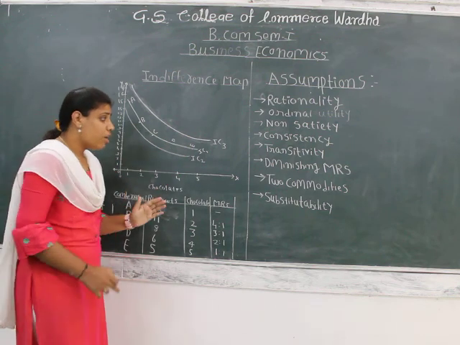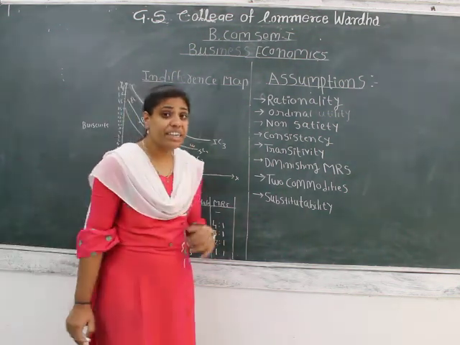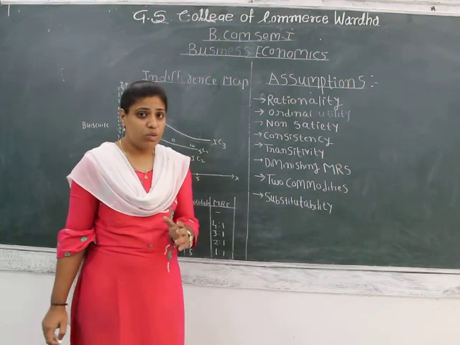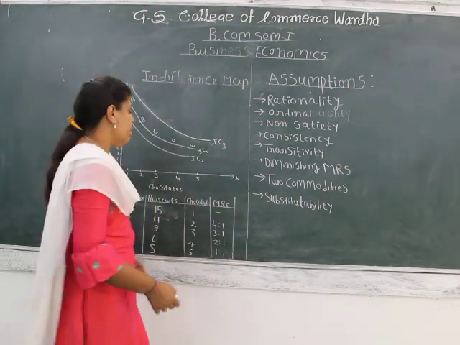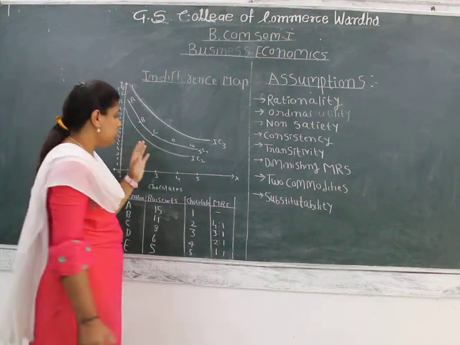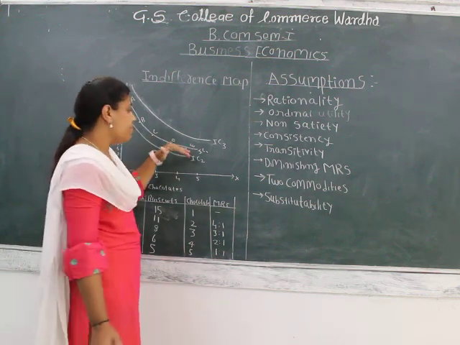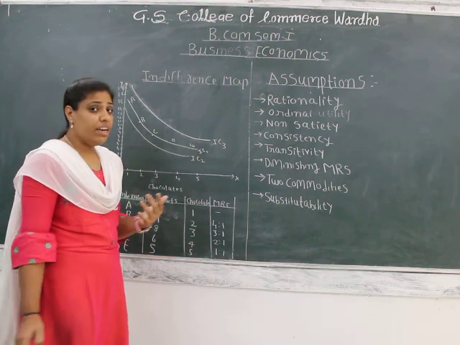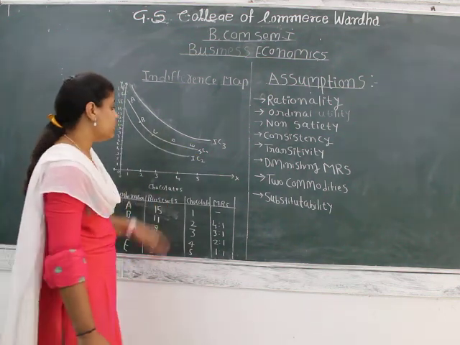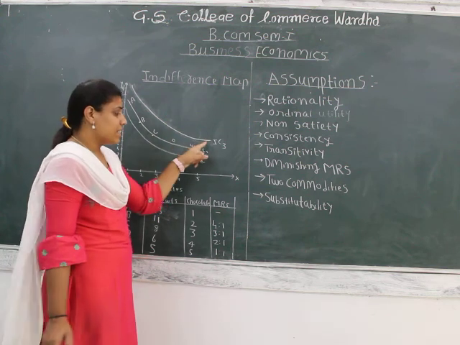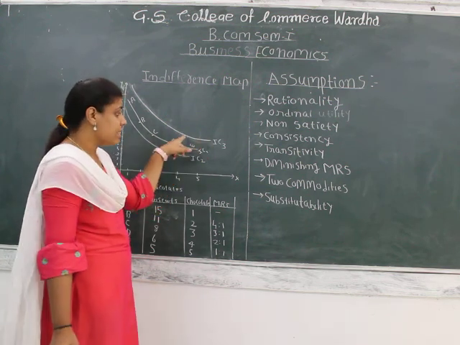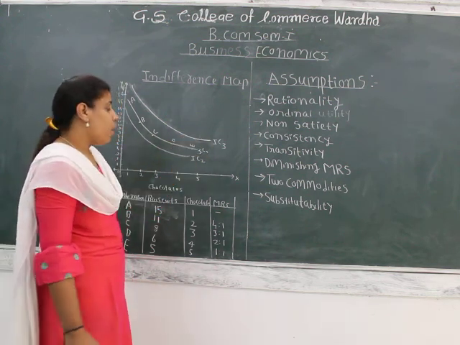But if we talk about combinations on different indifference curves, the consumer has a preference. If the consumer is given the option to choose a combination lying on either IC1 or IC3, he will definitely go for the combination lying on IC3, that is the higher indifference curve. Why?